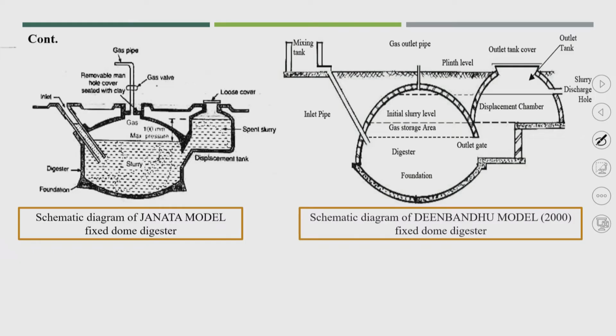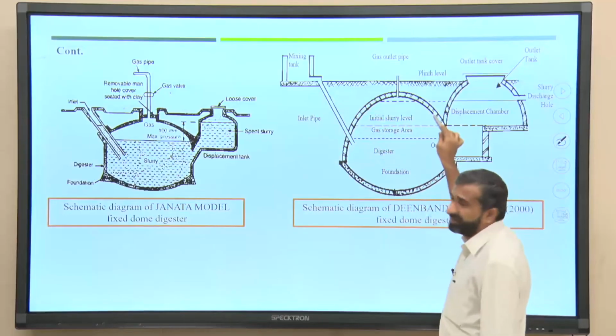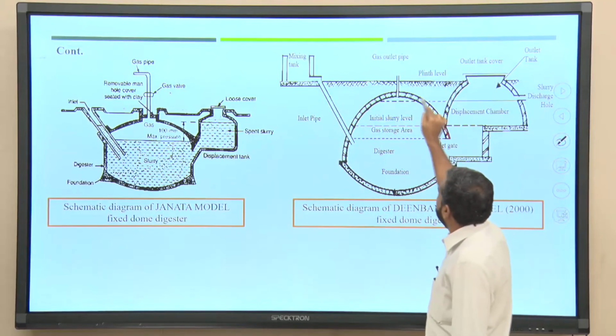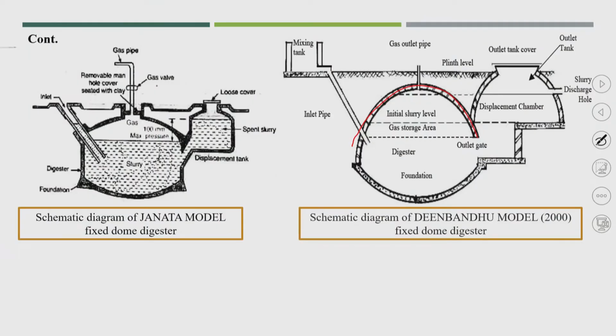Now suppose there is some kind of problem in the reactor, suppose somewhere there is leakage. Suppose in this dome you find some day some leakage of gas, in this case you can't do anything. Once a leakage problem starts, it is very difficult to fix that leakage in the Janta model.